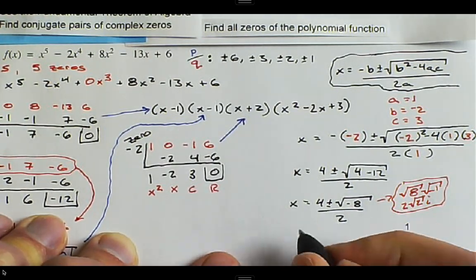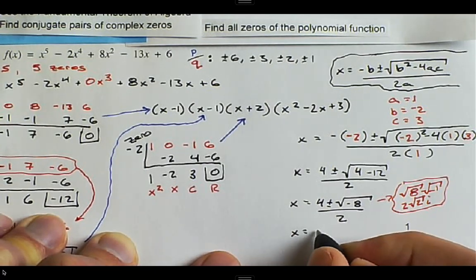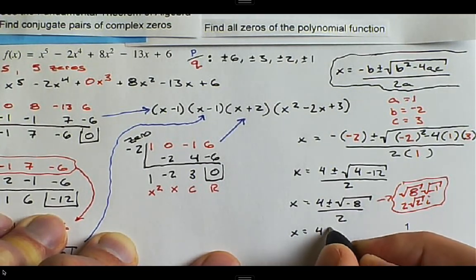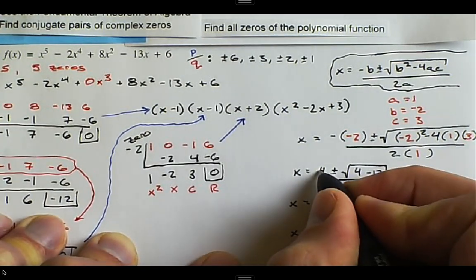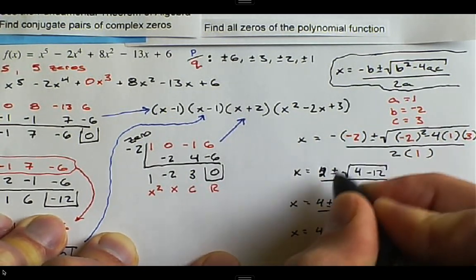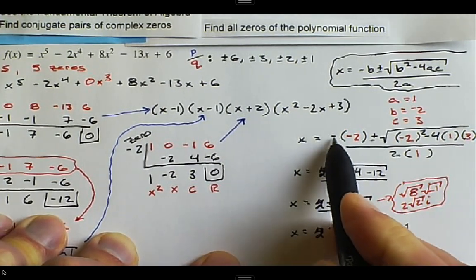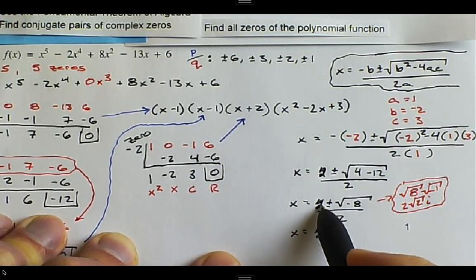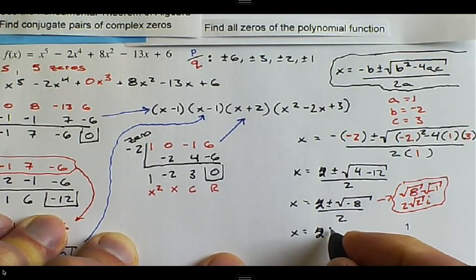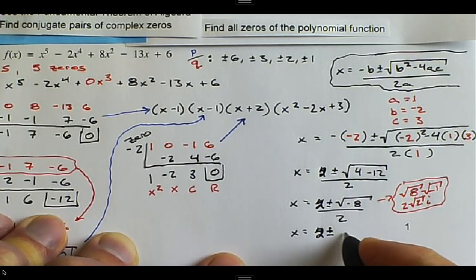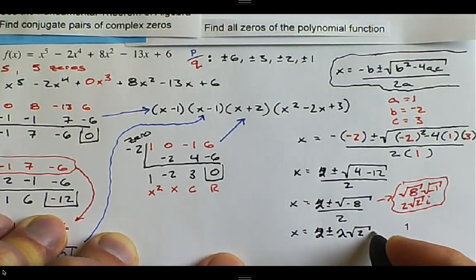And we can rewrite this as x equals 4. Sorry, that's not 4. This should be 2. I don't know where that 4 came from. That should be 2. Negative times a negative is 2. Plus or minus, and then we simplified our radical, 2 times the square root of 2 i.